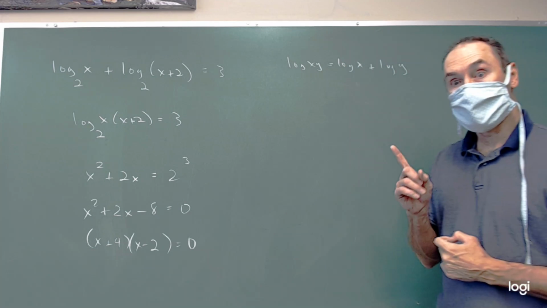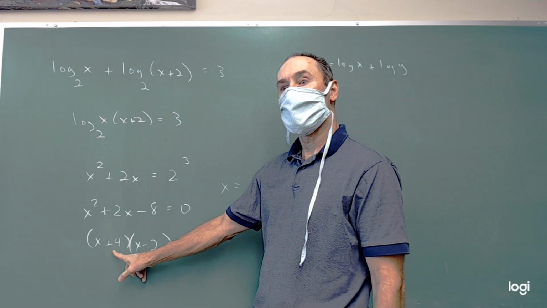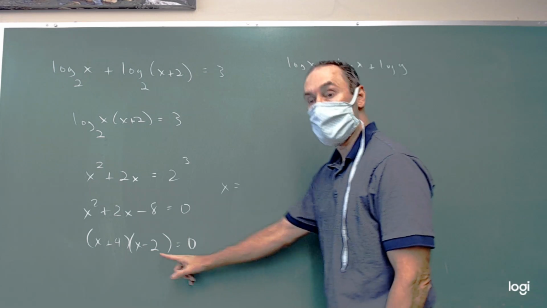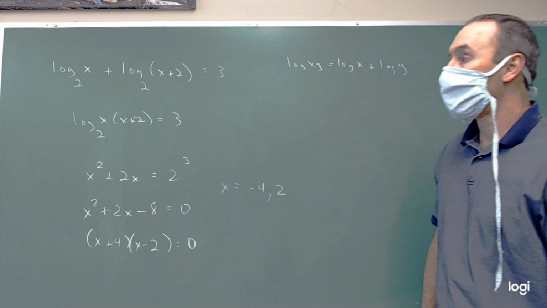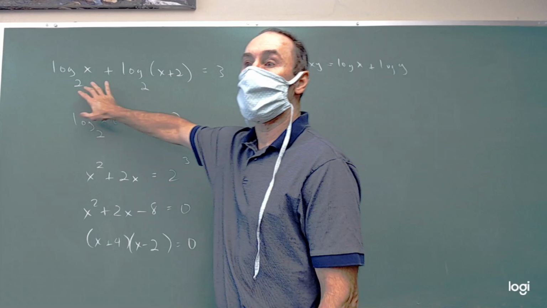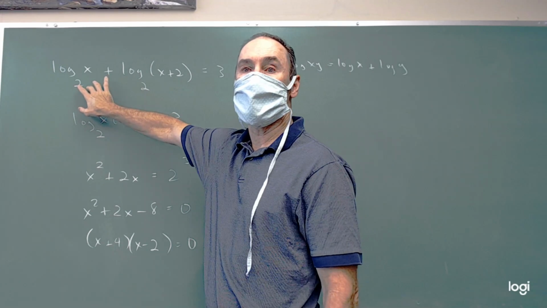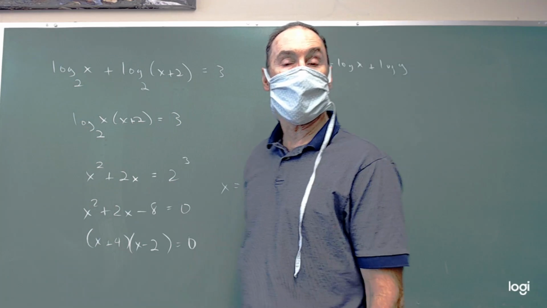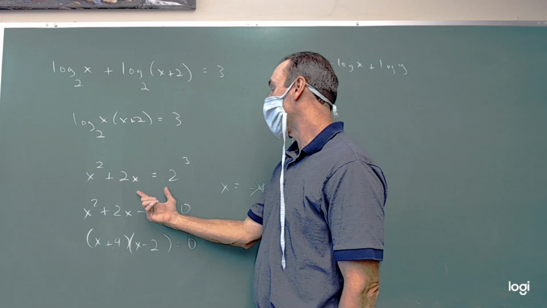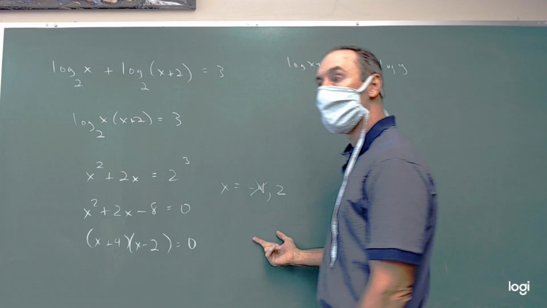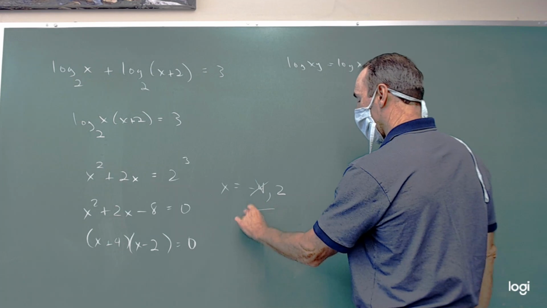At first glance there are two solutions, namely minus 4 and plus 2. But here's where you have to be careful. You can't take the log of a negative; a logarithm is not defined for a negative or 0. If you plug minus 4 back into either of these, it's not going to be defined. So that's called an extraneous solution. It solves what we got after we got out of the logarithm, but not where we were before. 2 is okay, so it's our only solution.